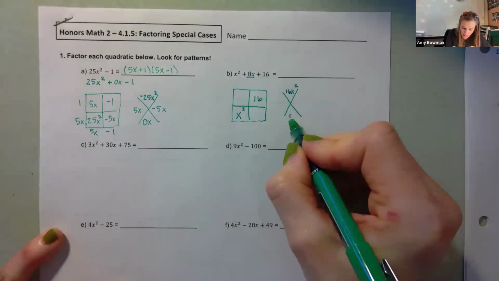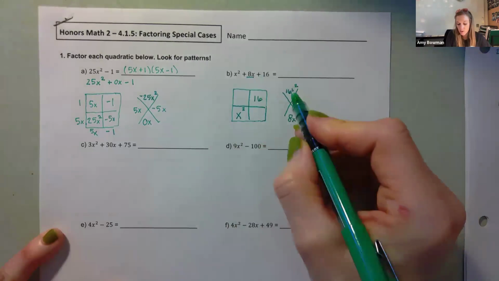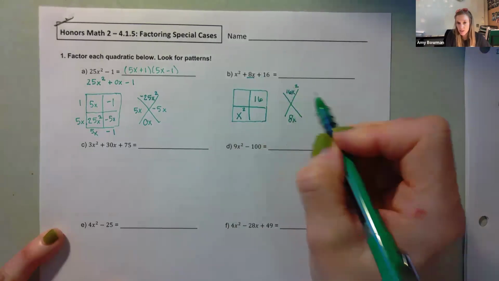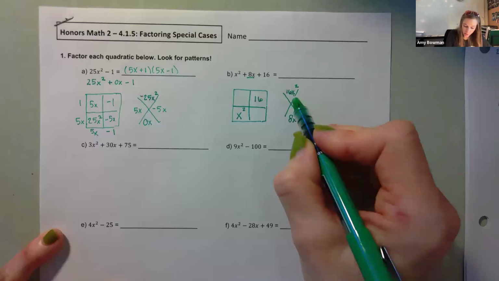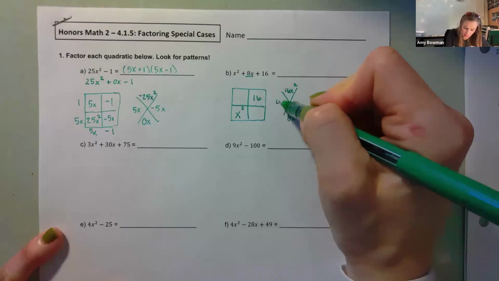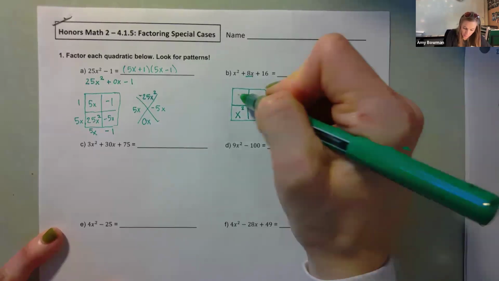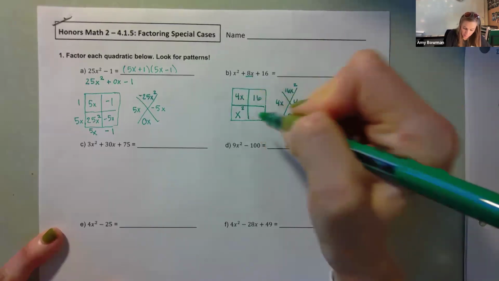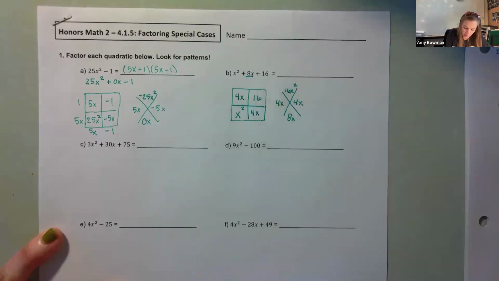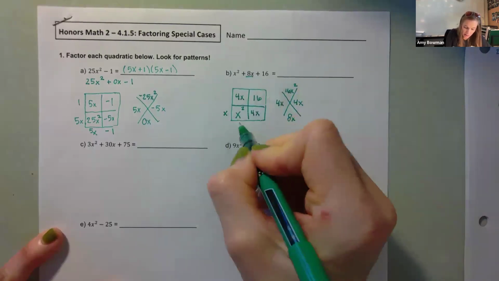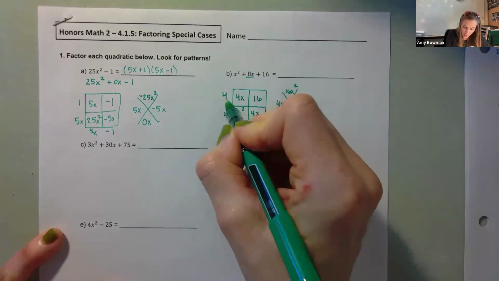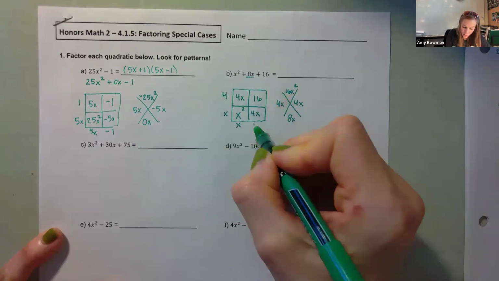So we need to add to 8x and multiply to 16x squared. The two numbers that do both of those would be 4x and 4x. So we've got our x squared here, x plus 4 is 4x, and another x plus 4.